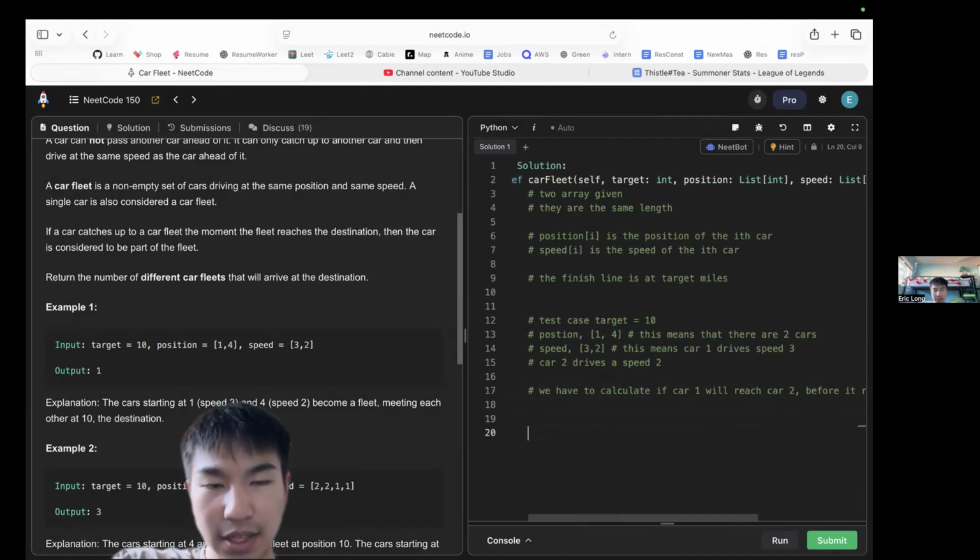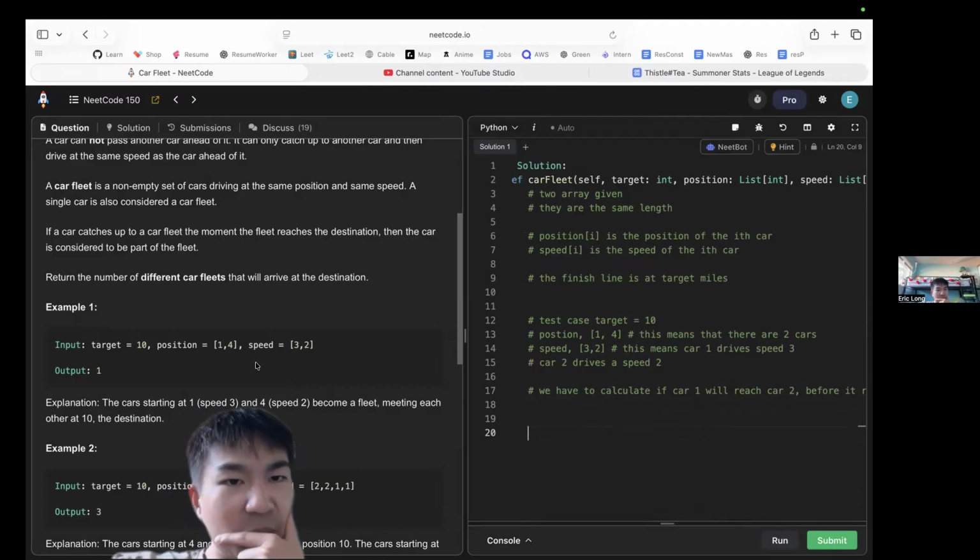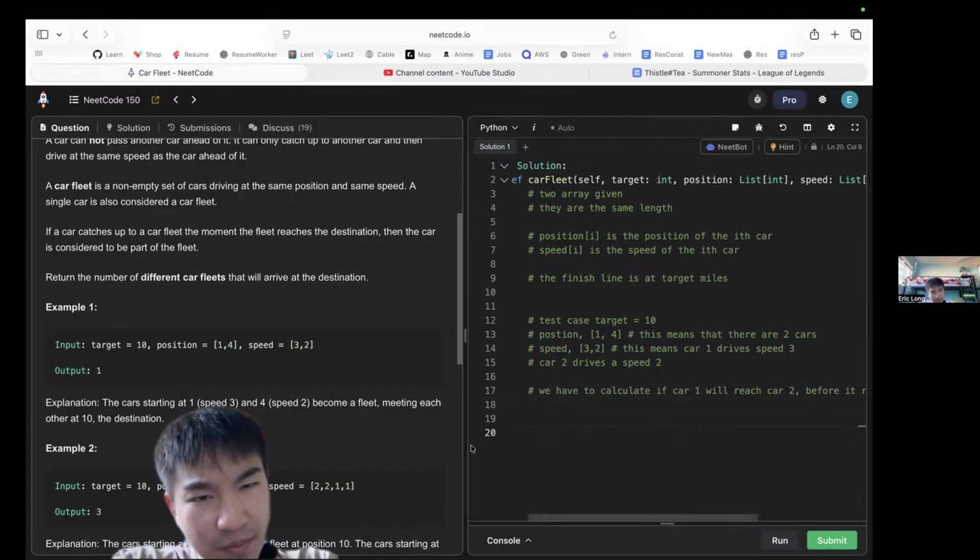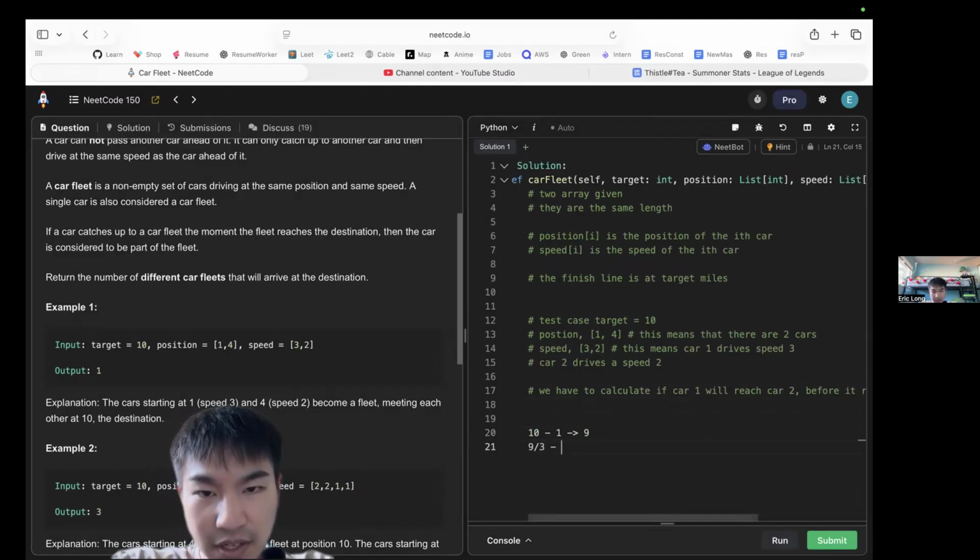How can we do this? I think we could have a calculation. We could do 10 minus 1, because we're at position 1, which equals 9. Then we divide that 9 by 3, which is equal to 3.